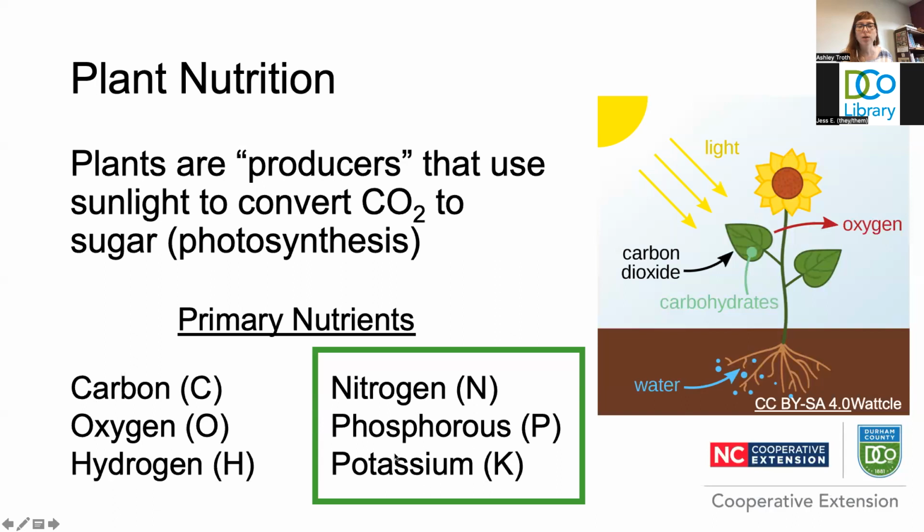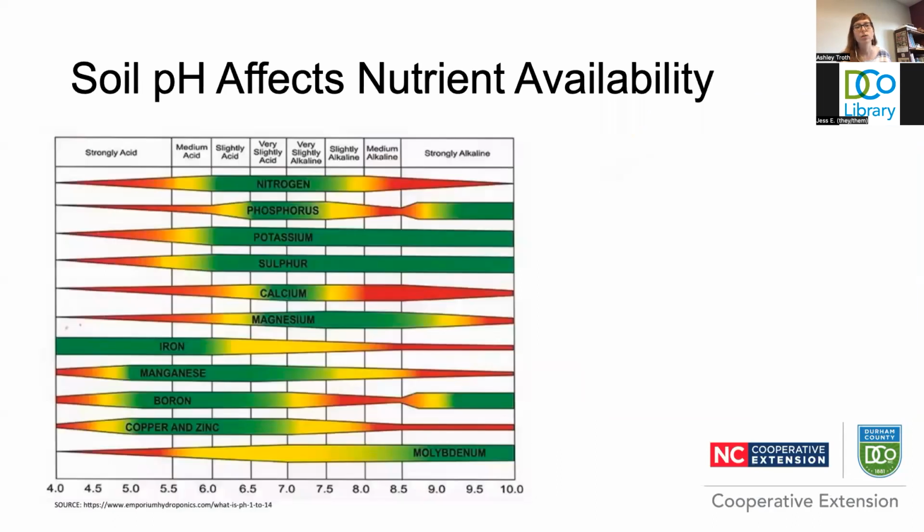What's really important about these elements is that even though a plant really needs these nutrients and they're absolutely vital for healthy plant growth, the soil pH is what really affects that nutrient availability. Let me talk you through this for a second.